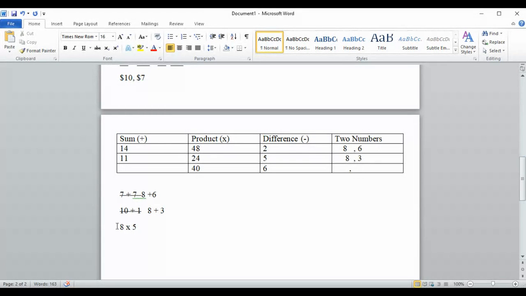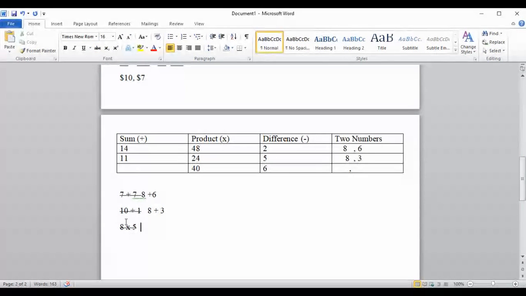So I think I know that this number needs to be bigger because when I subtracted, I got 3, and this is bigger than that. So I think this number needs to be greater than that. I'm going to cross out these. I know those aren't the numbers I want. I don't want to erase them because I want to know what I've already tried.